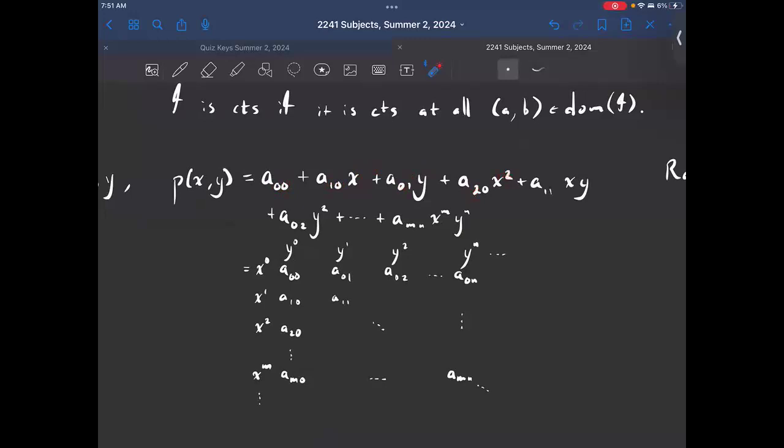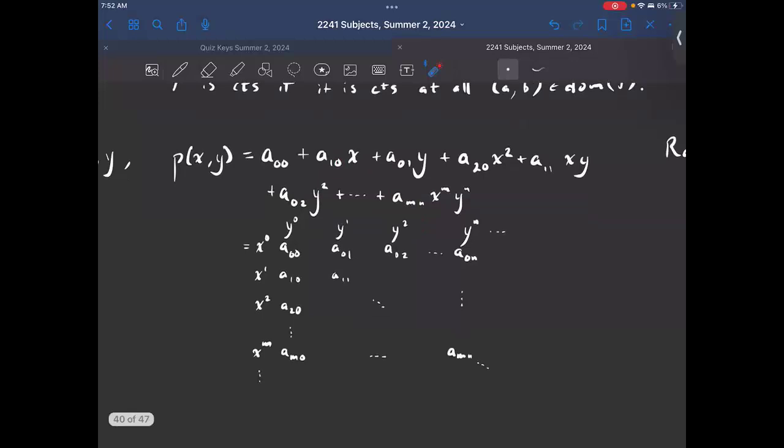Here we have x squared and y to the 0, x and y both to the 1 power, y squared and x to the 0 power. And over here, this is our last term, x to the m, y to the n for some m and n values. And I like to sometimes organize polynomials into a matrix for two variables. For one variable, you can think of just the row of a matrix or a sequence.